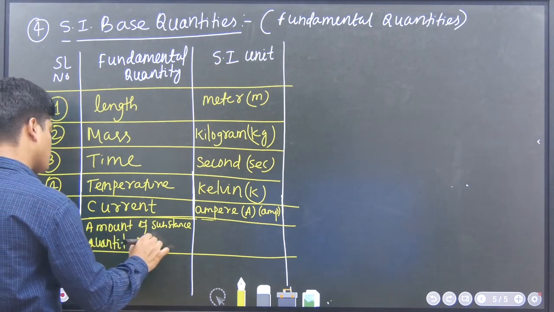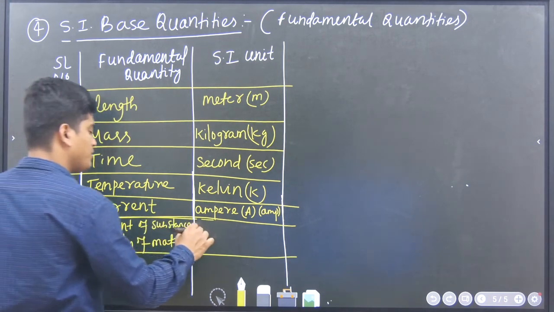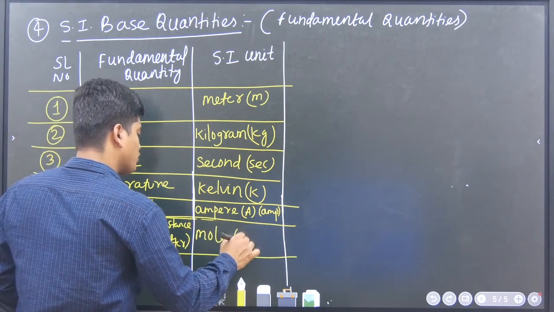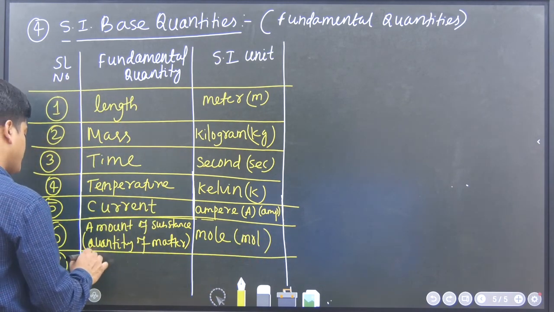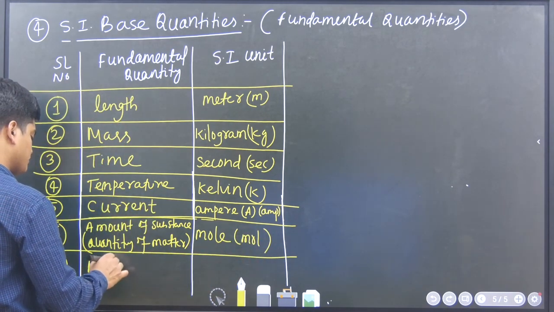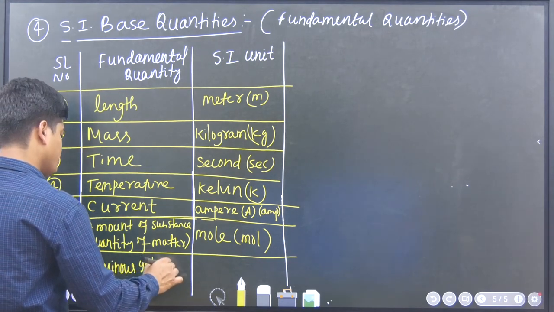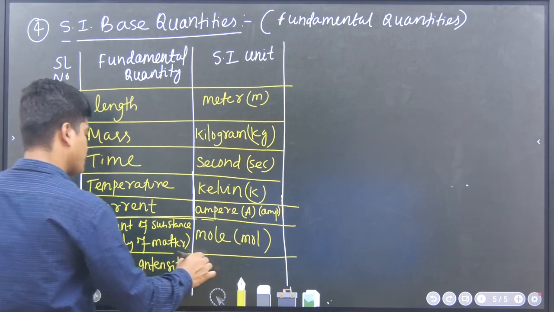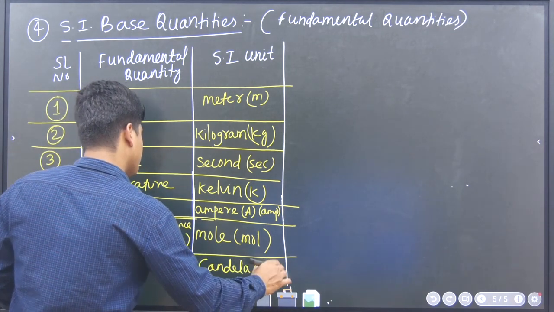The unit is mole, and the symbol is MOL. The seventh one is luminous intensity, whose unit is candela, CD.